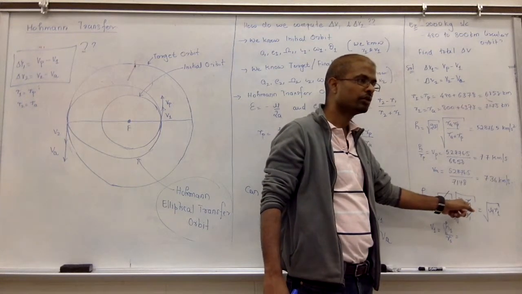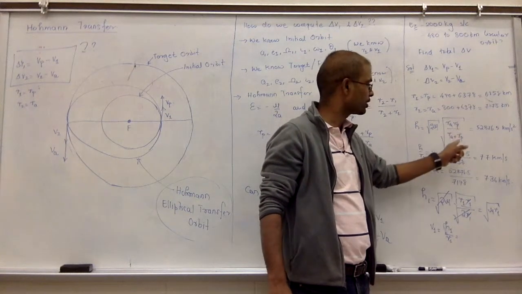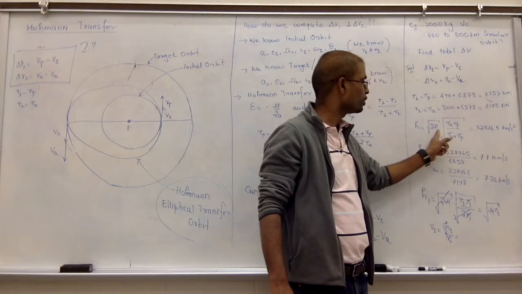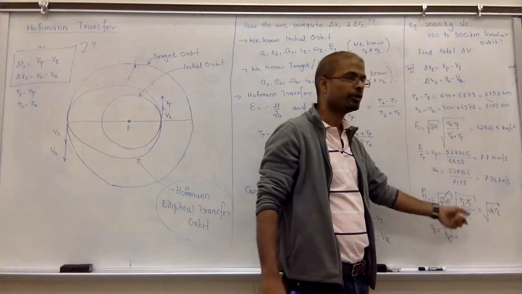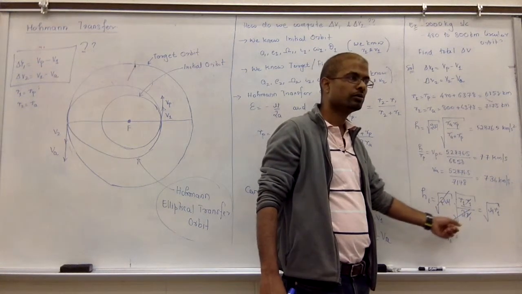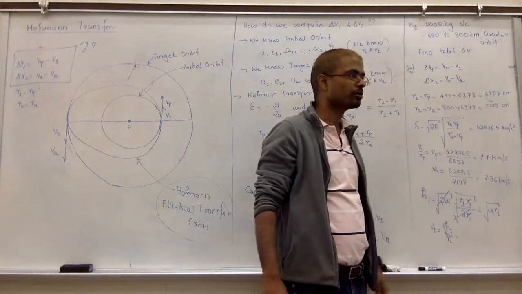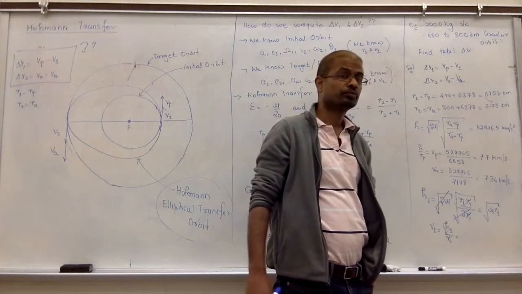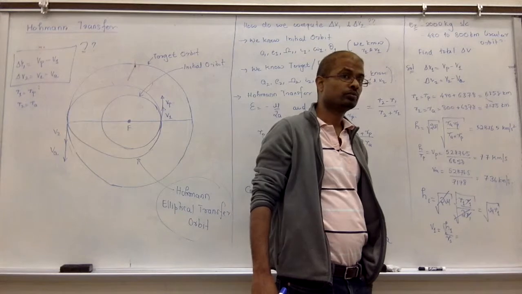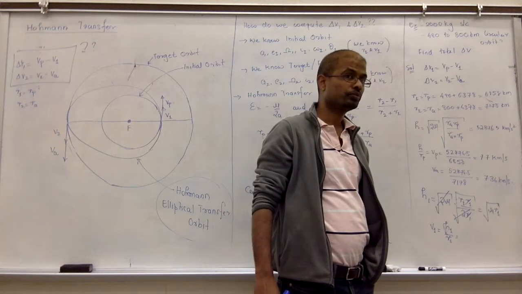Everything is the same, mu is the same, but RA becomes RP here, so the value reduces. In this problem, RP and RA for H1 would be 480, and for R2 it would be 800 for both.